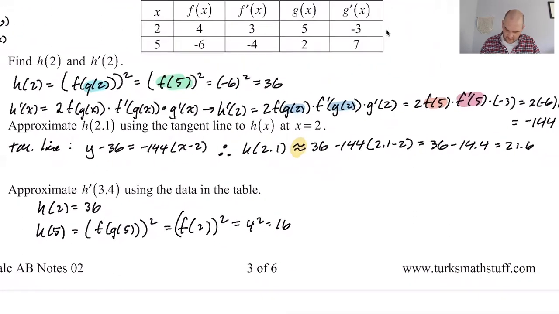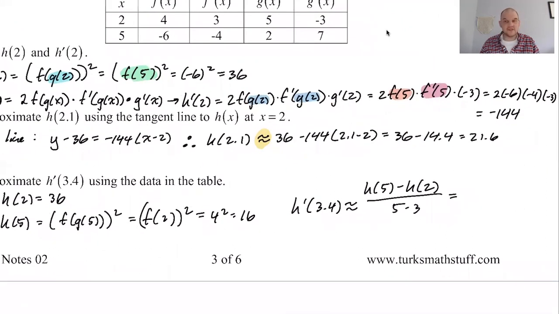Okay, so now my work is going to say h prime of 3.4 is approximately, and I like to just show it, so h of 5 minus h of 2, so there's no question when someone goes back to read your work. So 36 minus 16, this is working out really nicely, which makes me think it's probably wrong. 20 divided by 2, 10.